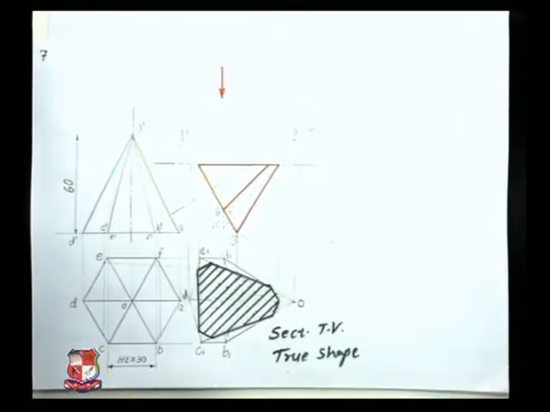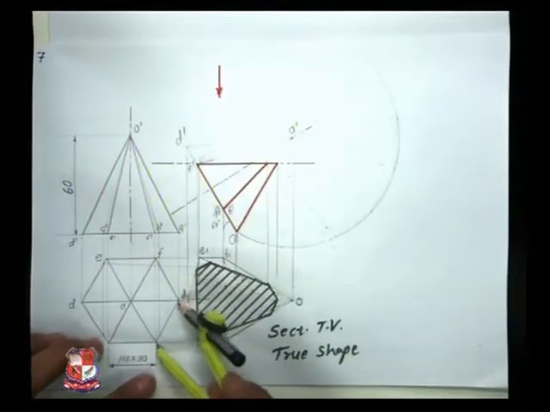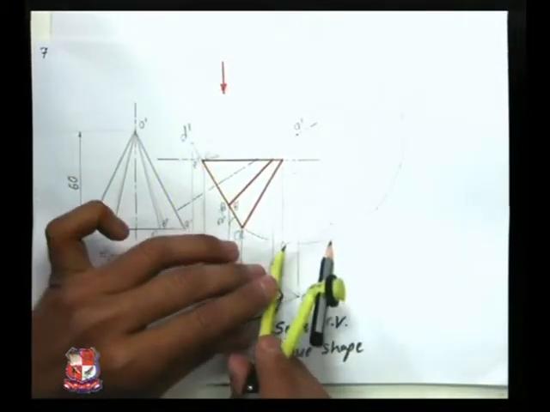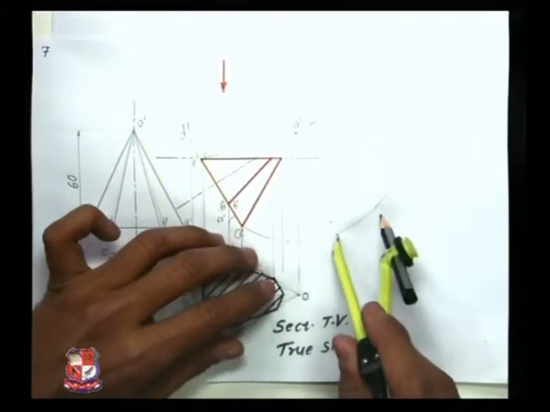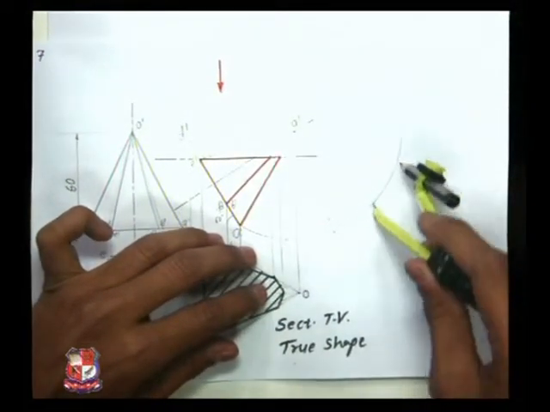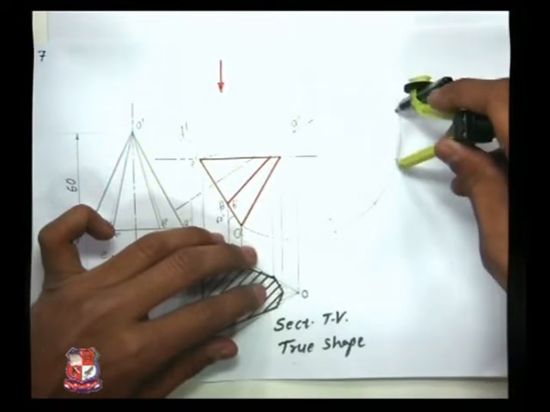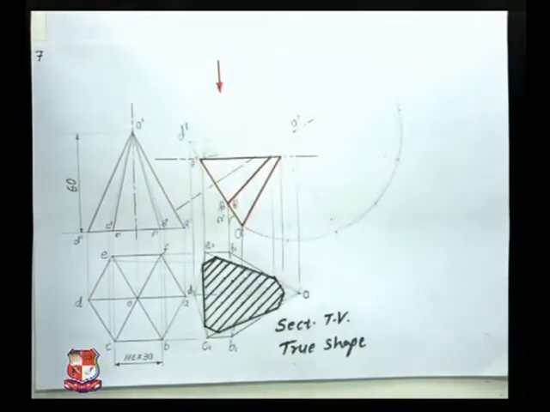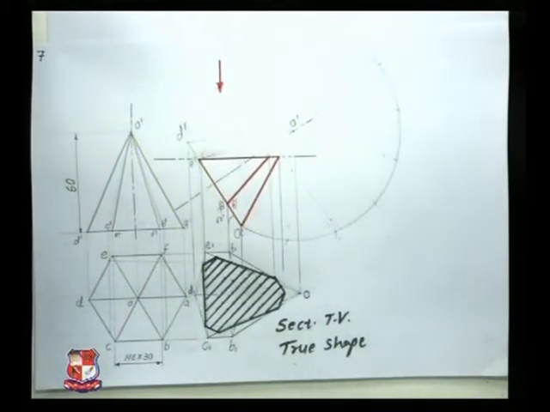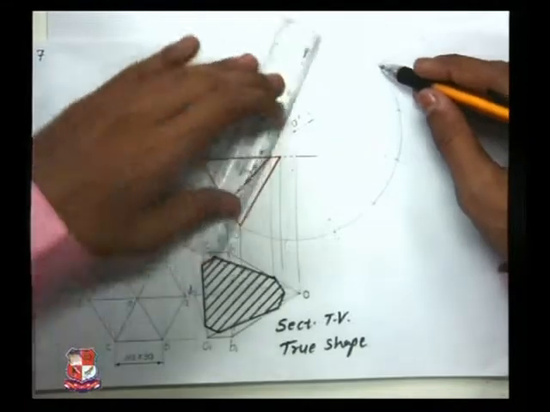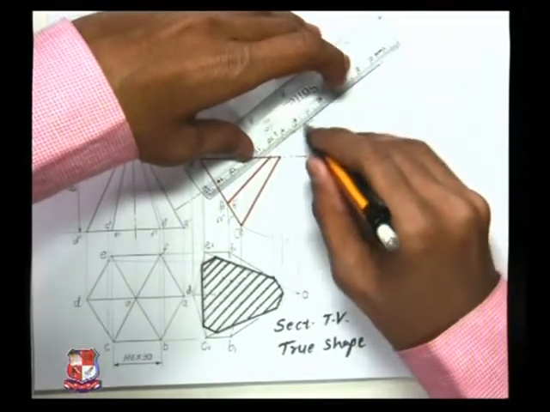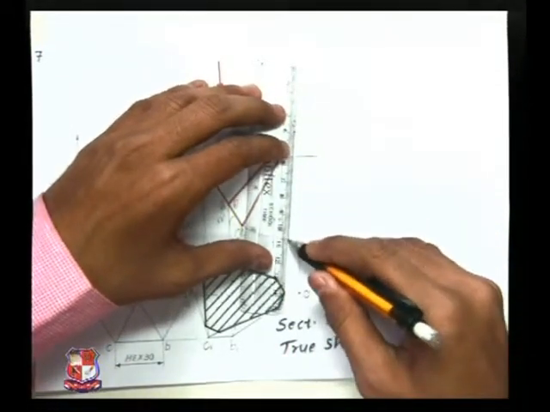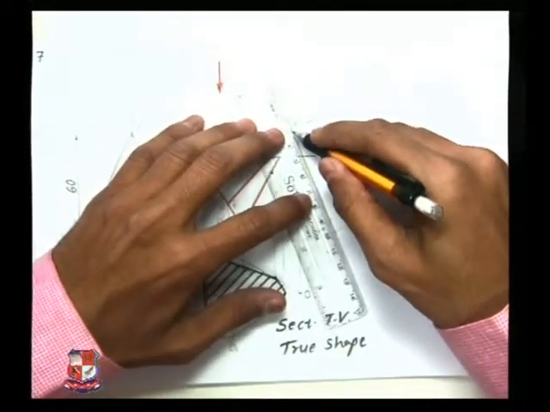And take AB as the radius, that is 30 millimeter. From here draw an arc that will cut on this arc at 6 points one by one, 1, 2, 3, 4, 5 and 6, to have 6 triangles, and join all these points with a straight line. So these 6 triangles show the development of this hexagonal pyramid if it is not cut anywhere.